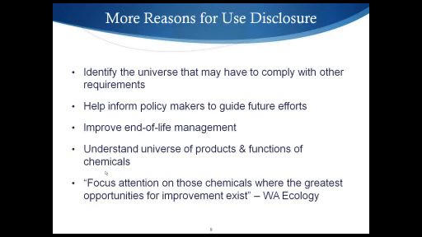Obviously, this information can be useful to policymakers who want to guide future efforts if they have a better understanding of where some of these chemical uses are. It may help them think about other policy tools they might want to employ to address some of these chemicals, perhaps product labeling, other policy initiatives they might want to undertake.